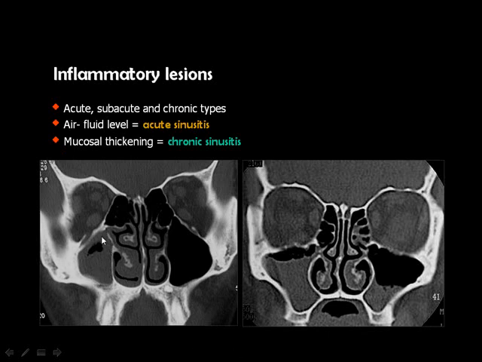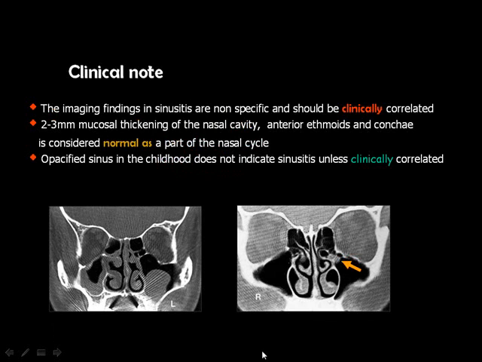And this is a case of chronic sinusitis with concentric mucosal thickening of the right maxillary sinus, a case of bilateral air fluid levels in the maxillary antra that is suggestive of acute sinusitis.